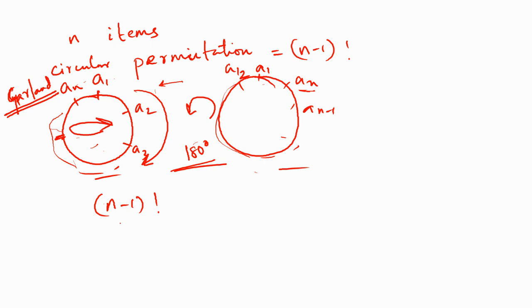For two such cases we have to consider them as one case, so we have to divide n minus 1 factorial by 2. I hope this is clear to you guys. In such a scenario, if both arrangements are the same when we rotate it by 180 degrees in a circular permutation, we have to divide by 2, right?